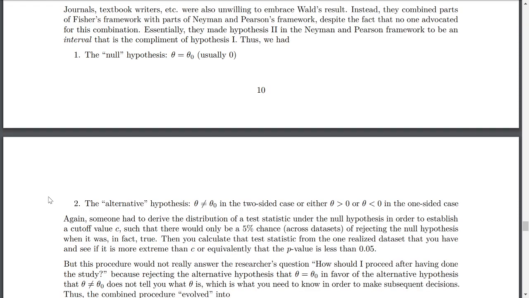Decision-making agencies, etc., were also unwilling to really embrace Wald's astonishing result, and they made this Frankenstein combination of Fisher's framework and Neyman and Pearson's framework, despite the fact that no one advocated this, and neither Fisher nor Neyman had anything good to say about each other.